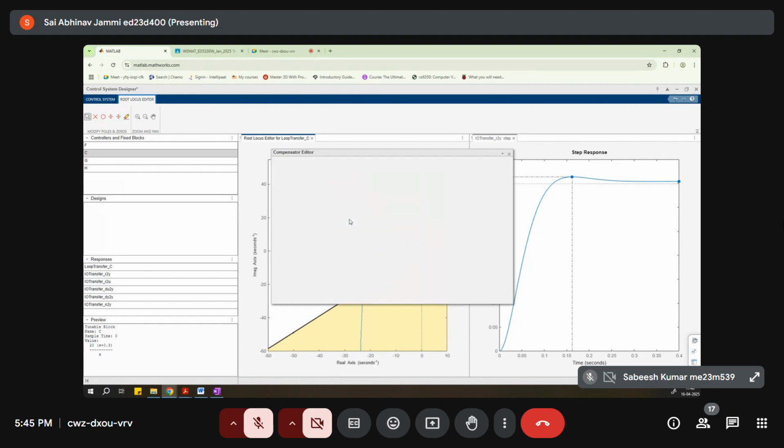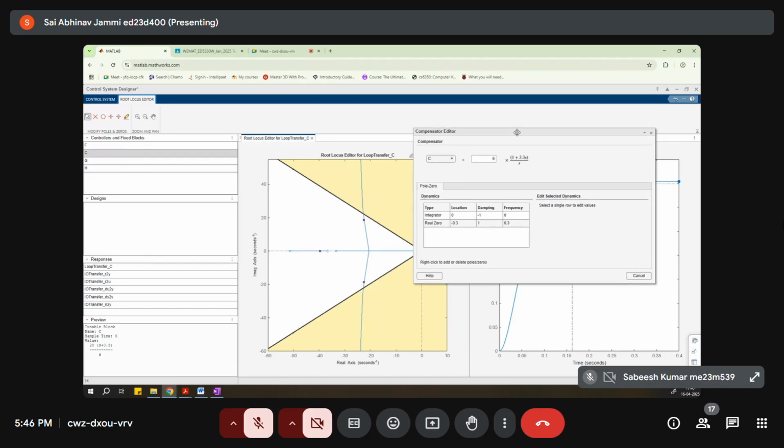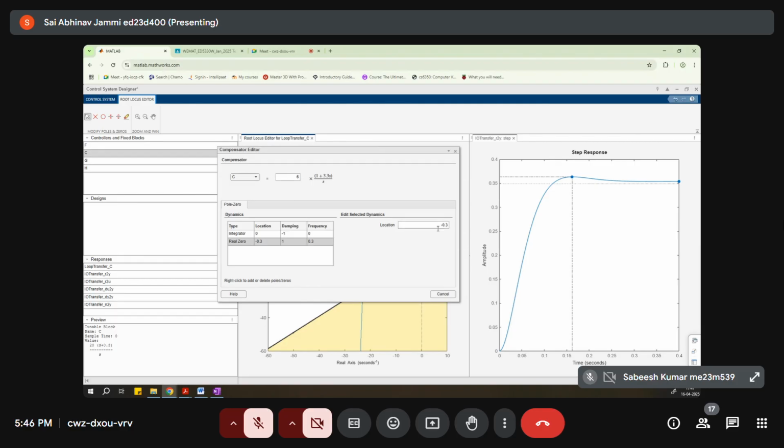Whenever I am adding a real zero, I want to keep my poles in the white region. So the real zero will be very close to the origin so that the effect of the poles will be nullified, right? So the location of the poles will be closer to zero, and as I move the real zero closer, what is happening?